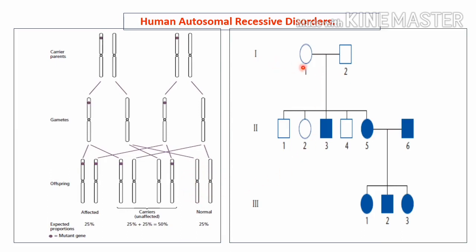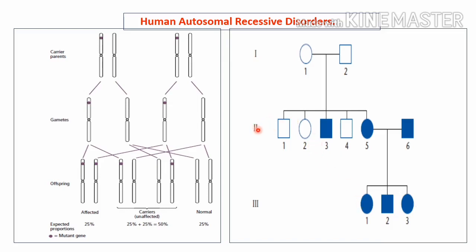And on the right-hand side, this pedigree analysis is represented. This is the first generation, with mother and father, and after their mating these are their children. But in the second generation there is expression of the disease in this son as well as in this daughter, and again in the third generation this daughter marries an affected male and again produces affected children.